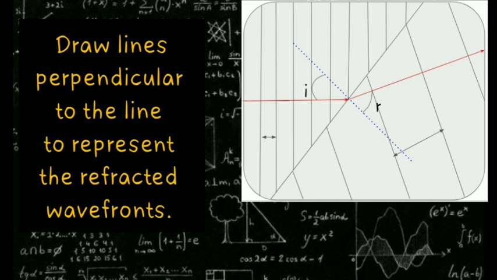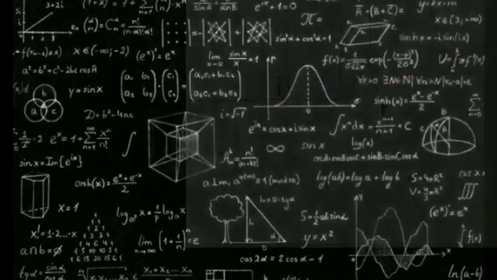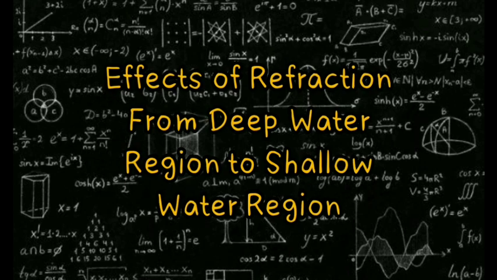Then, draw lines perpendicular to the line to represent the refracted wavefronts. The lines have to be further from one another compared to the incident wavefronts. Effects of refraction from deep water region to shallow water region.